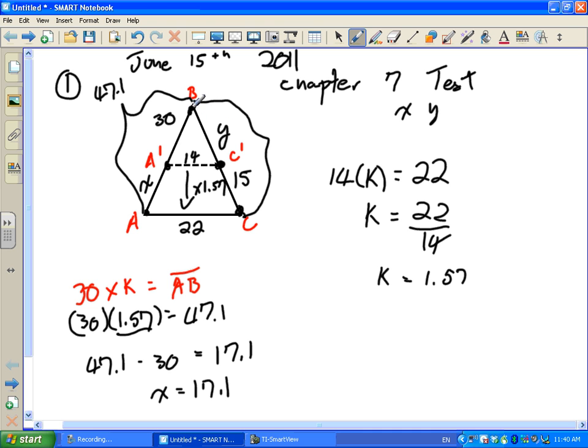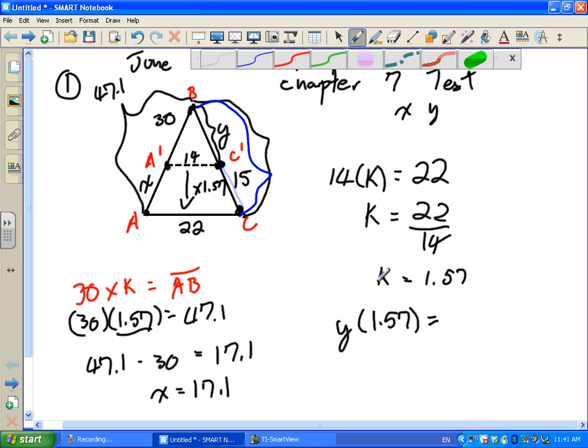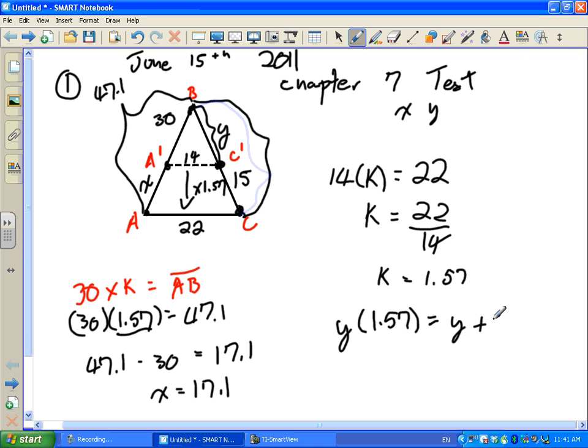I know that side Y times our scale factor is going to equal side Y plus 15. So this side Y, and I add this side 15, that would be the entire distance here. So Y times 1.57 is equal to Y plus 15.